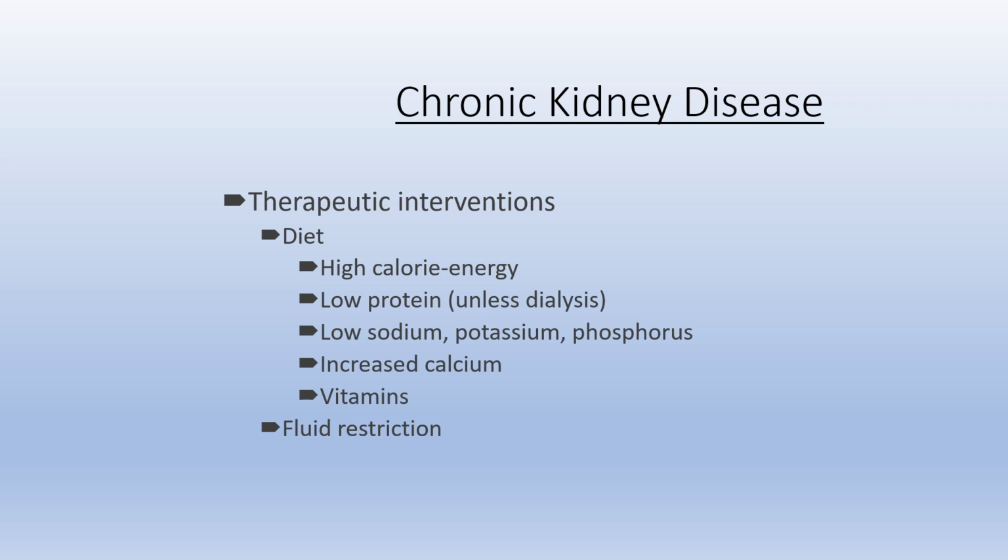Simple carbohydrates and monounsaturated and polyunsaturated fats are given freely because their end products, carbon dioxide and water, are less likely to tax the kidneys than protein. Potassium is restricted for patients with oliguria, and salt substitutes are often potassium compounds that patients need to be educated to avoid. So definitely have them avoid salt substitutes because they do have potassium compounds. Sodium is restricted based on the elevated blood pressure, degree of edema, and laboratory findings.